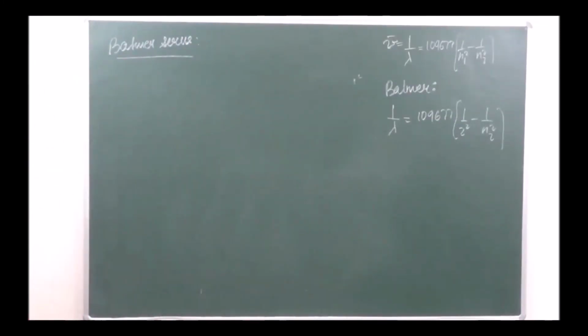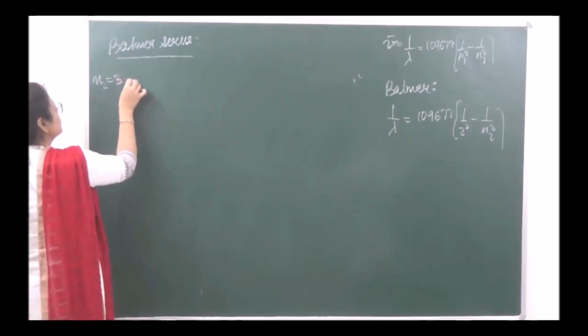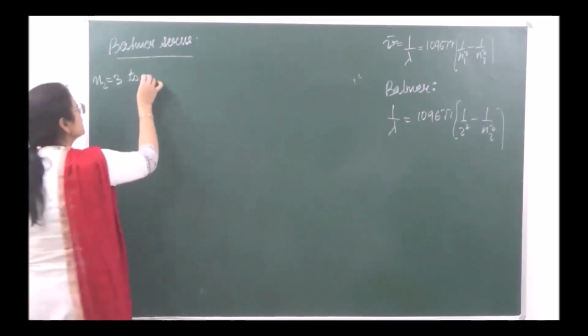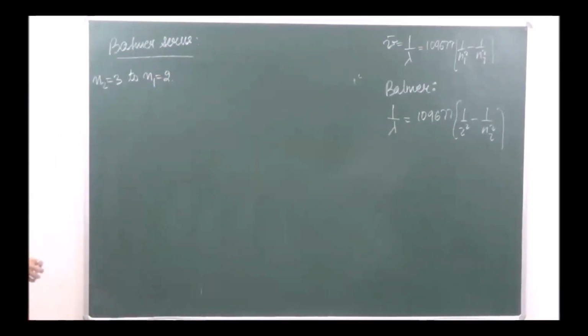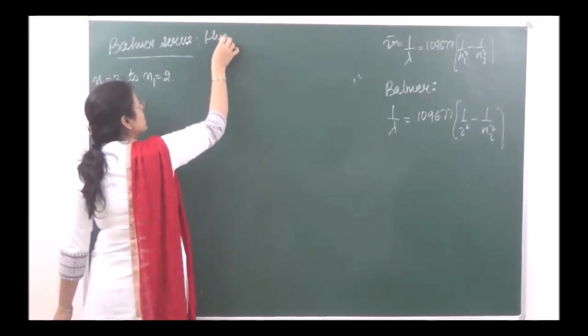The first transition is from N2 equal to 3 to N1 equal to 2. Right? This transition is specifically for the hydrogen atom.